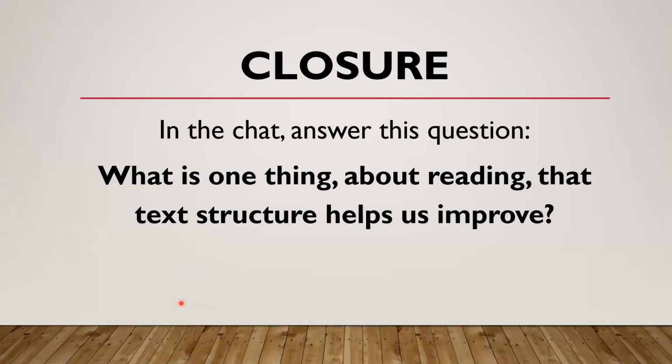Comprehension helps us remember what we read. It helps us understand what we are reading. So basically, comprehension is not how fast you can read or what you remember. It's to help you understand what you are reading.